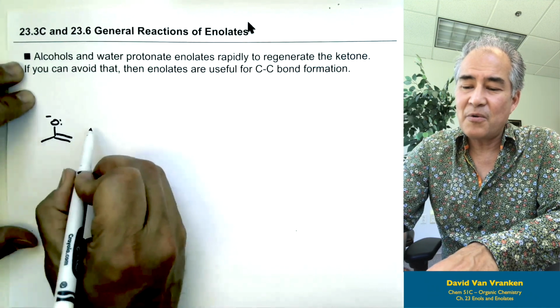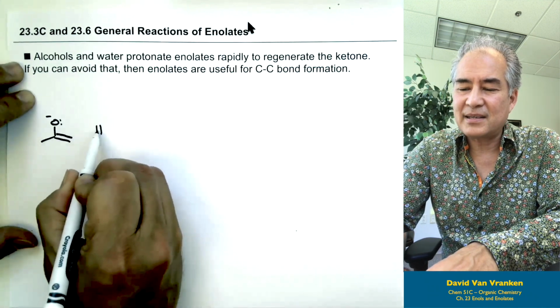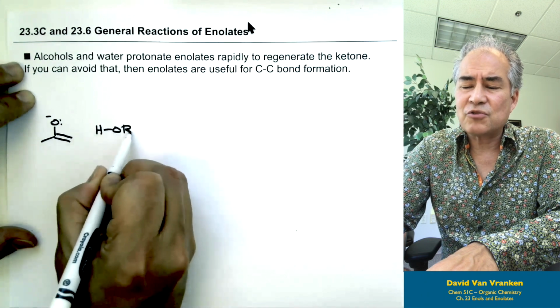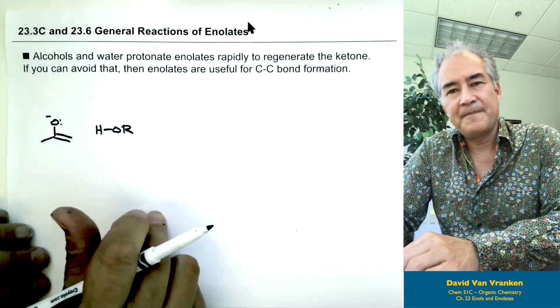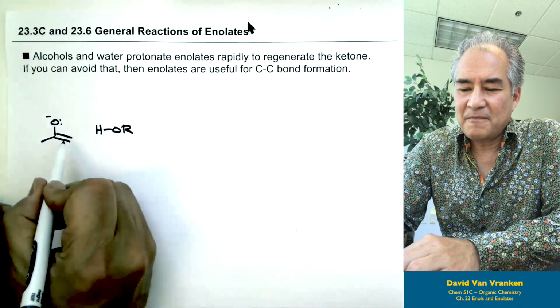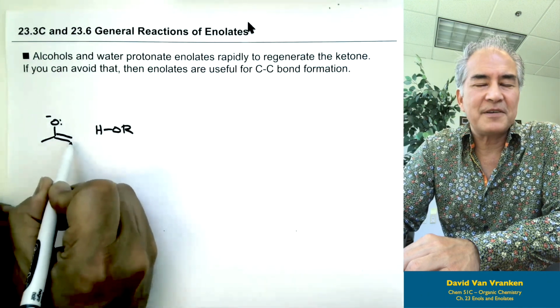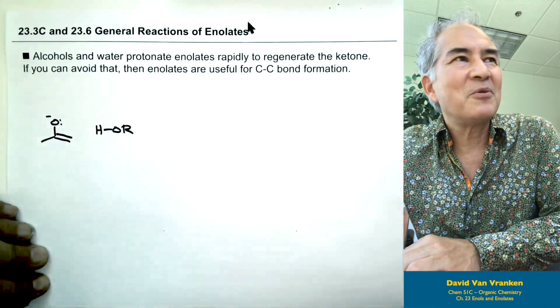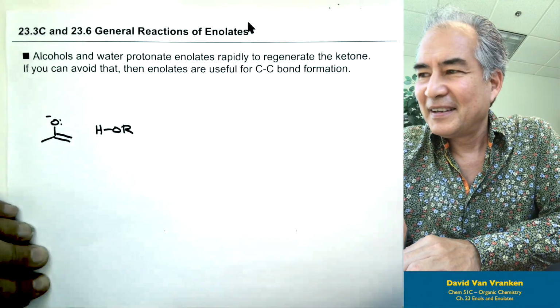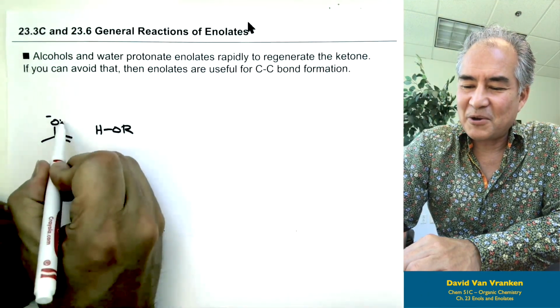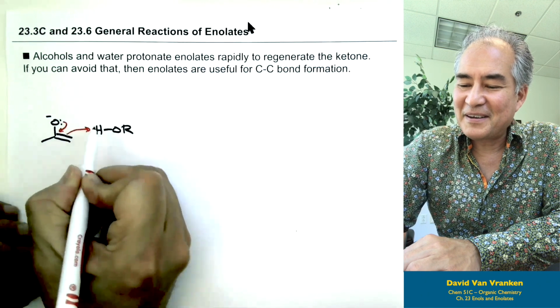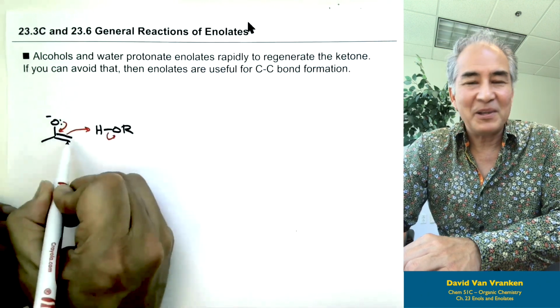So when we go through the trouble of making enolates under basic conditions, we're usually going to try to avoid water. If we're going through the trouble of making this carbon atom nucleophilic, the last thing we want is to stick a proton back on there, because we always made this by pulling a proton off.